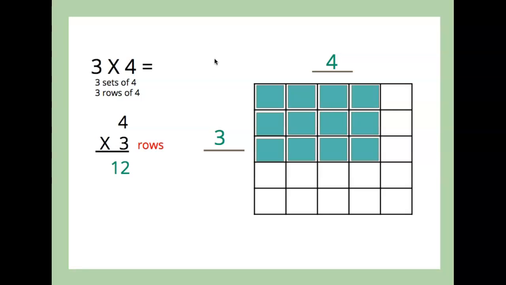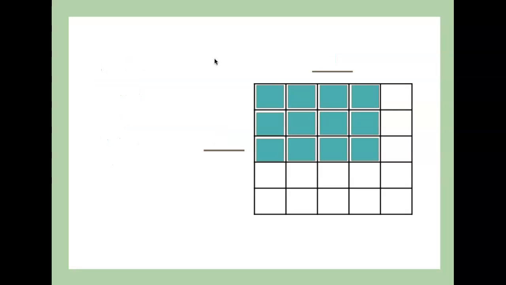This time we're going to try the other way around. Here we have the array chart filled. How many rows of what do you see? We have 1, 2, 3, 4, 5 rows of 1, 2, 3, 4 columns.